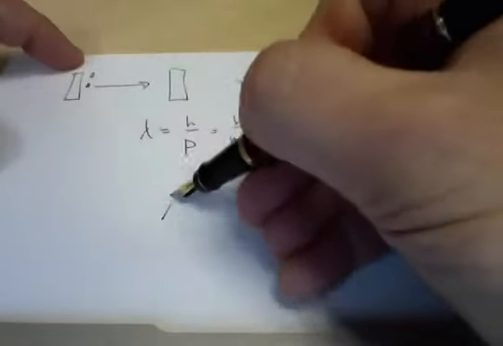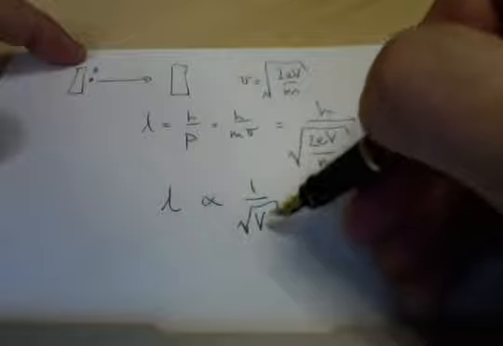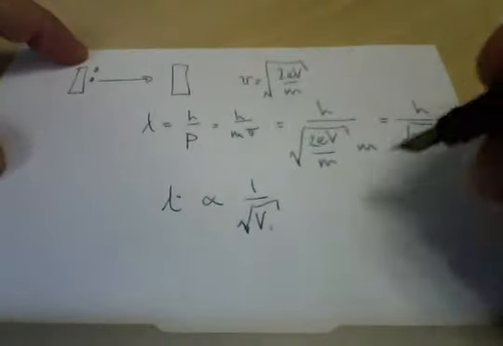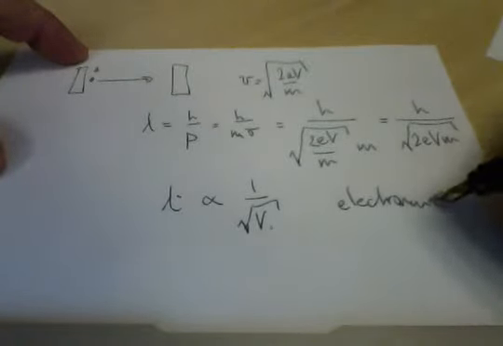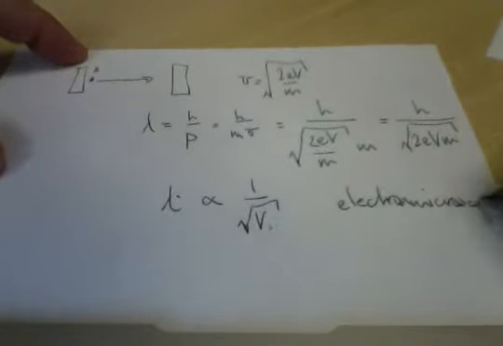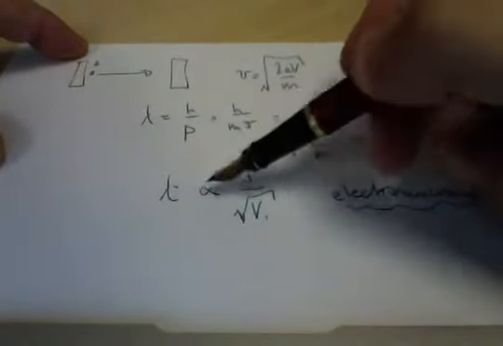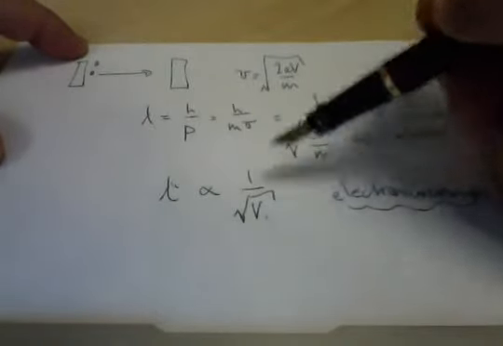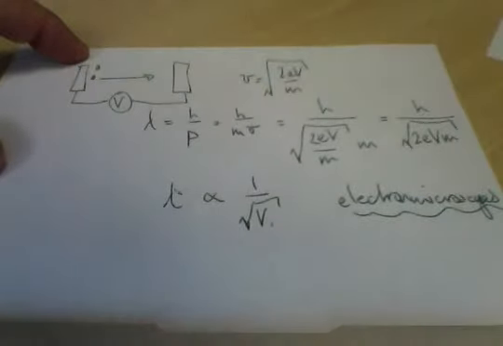What this means is that the wavelength is proportional to 1 over root V. If I were to increase the voltage, I can decrease the wavelength. And this is used in electron microscopes. In order to better resolve an image, you need a shorter wavelength. So I can control that wavelength by controlling how fast I'm accelerating the electrons with the voltage between the two plates.